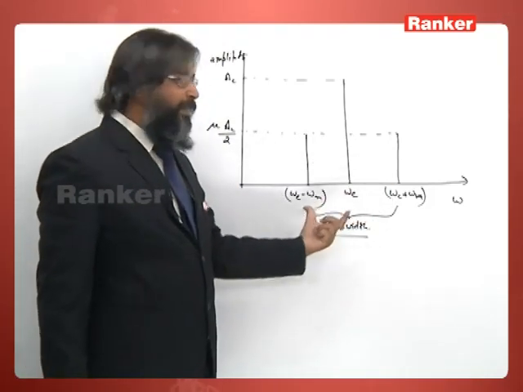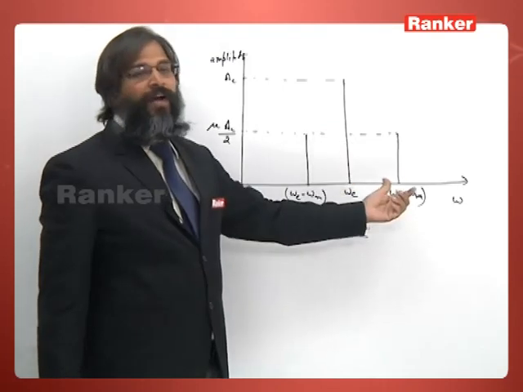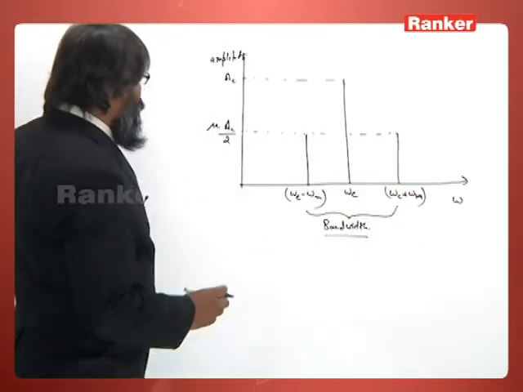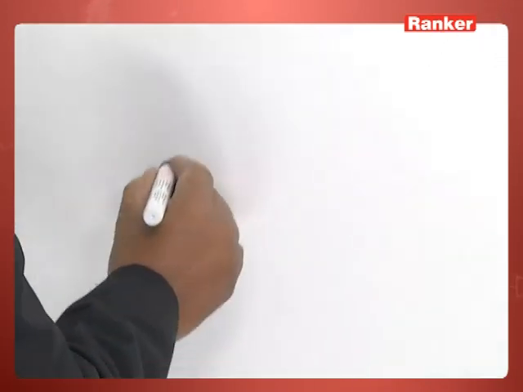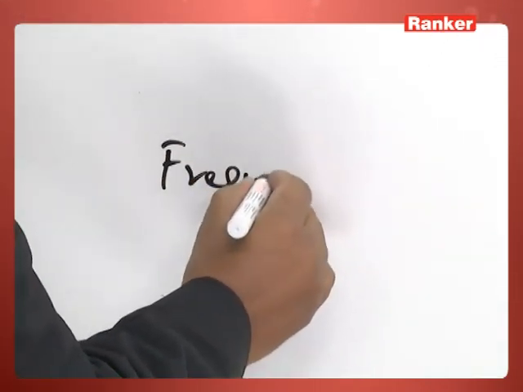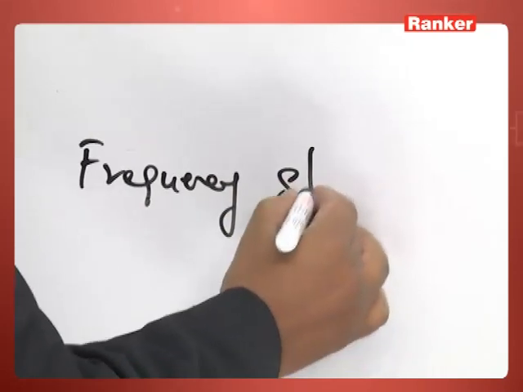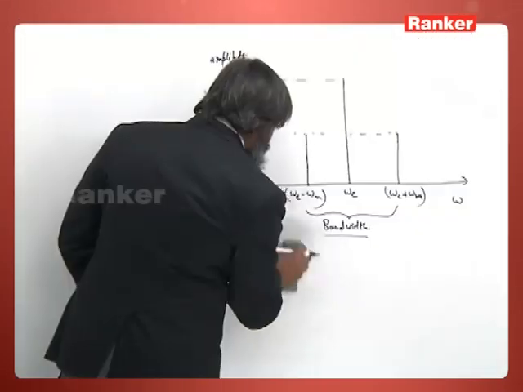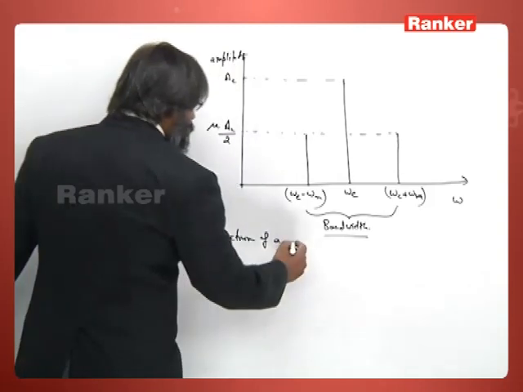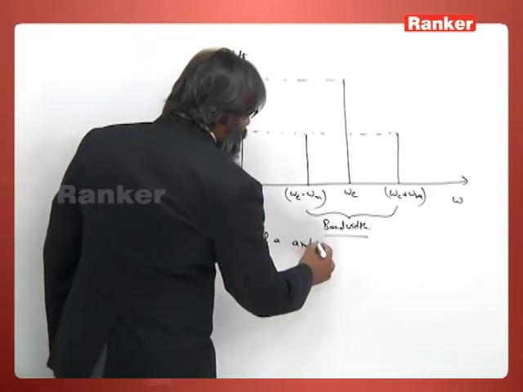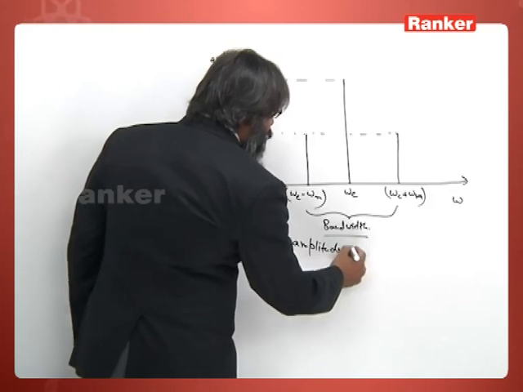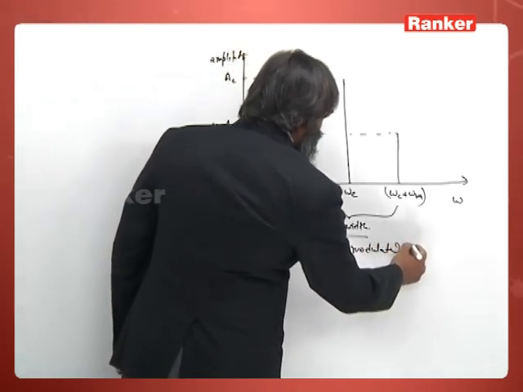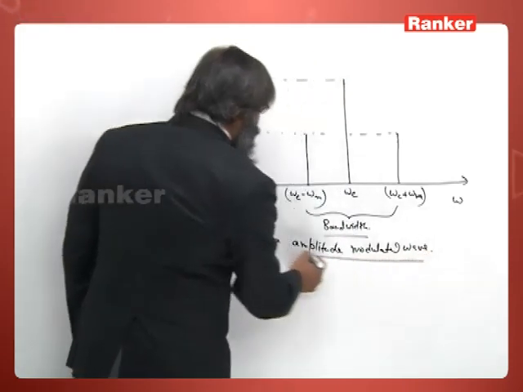This is the lower band, this is the higher band. This is the frequency spectrum of an amplitude modulated wave. This is important. This is called AM.